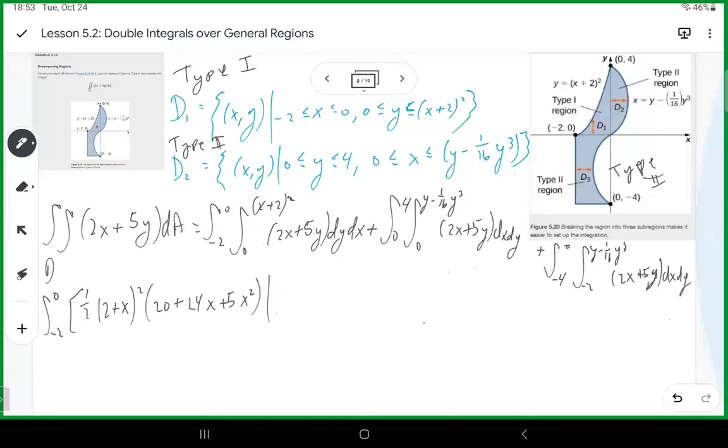That's after you integrate for the first part and plug in.